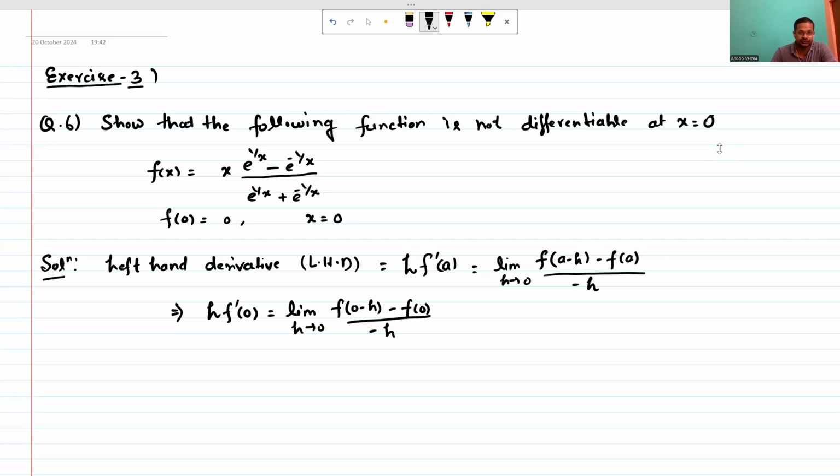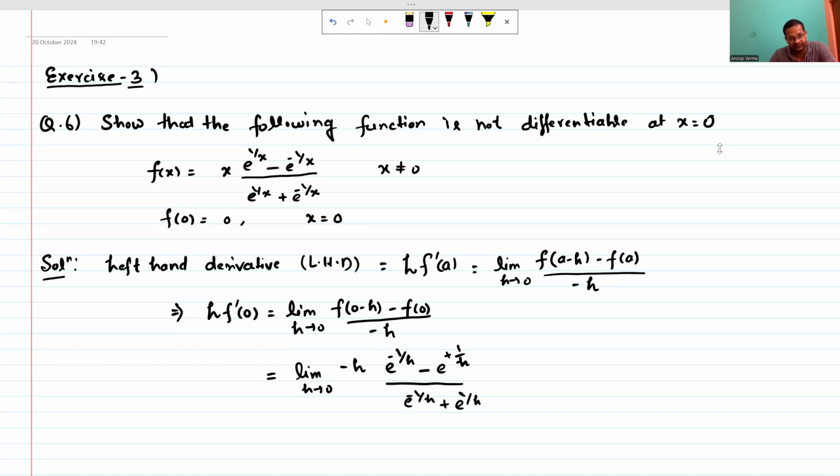Okay. So we have, when x is not equal to 0, the function is defined like this. So we will put function here, and in the place of x we put minus of h in this function. So it will be limit h tending to 0, minus of h in the place of x. So you will have minus of h and e to power minus 1 upon h, and minus e to power minus minus, plus हो जाएगा, तो plus 1 upon h, divided by e to power minus 1 upon h plus e to power 1 by h. Okay.